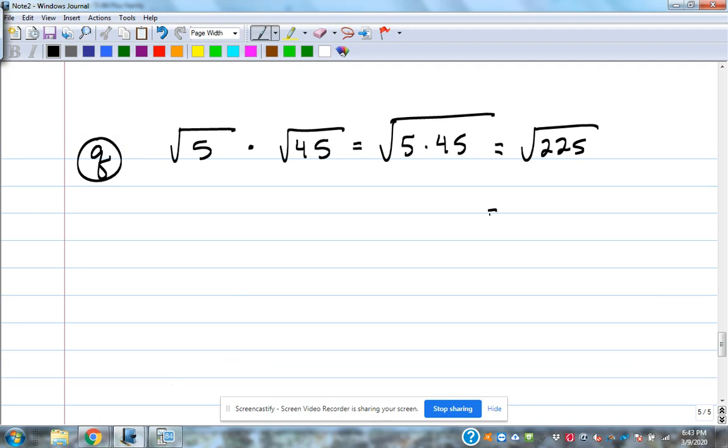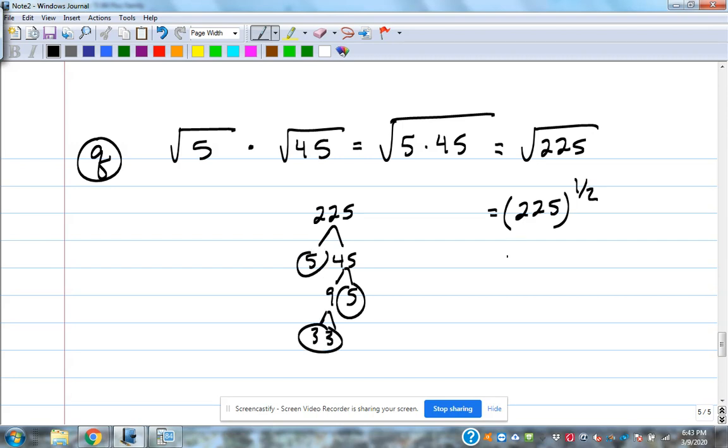I'm going to change that to 225 to the 1/2 power, just to kind of keep it in the vein of what we've been doing. And then I'm going to break down 225. It came from 5 times 45, so I'm going to use that. Pair of threes, so that's 3 squared, 5 squared.